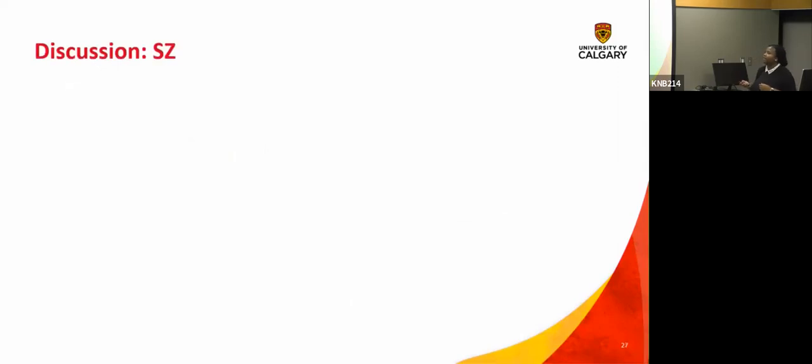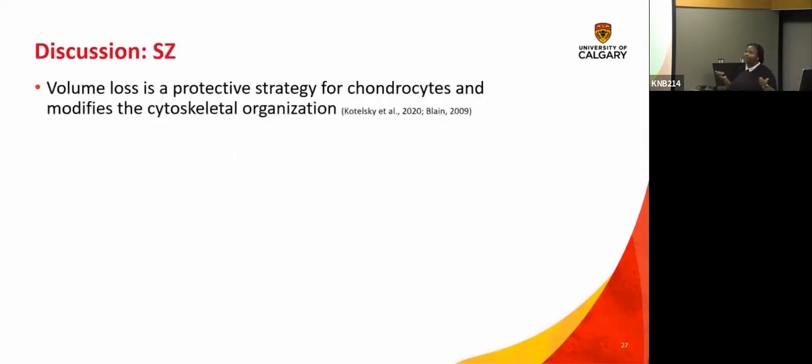So now, just to discuss again, from the very first results we saw with the cell in the superficial zone, we saw that volume loss and then the recovery. When you look through literature, not just with chondrocytes but even with other cells, it's been shown that cells lose volume as a protective strategy.